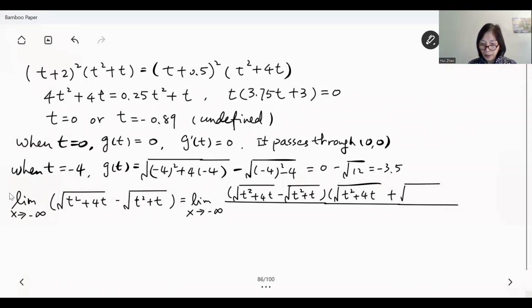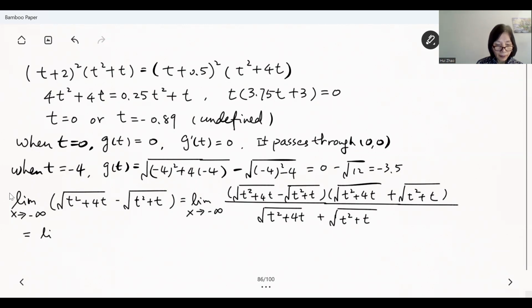Plus the square root of t squared plus t, over the square root of t squared plus 4t plus the square root of t squared plus t. Okay. And then simplify.